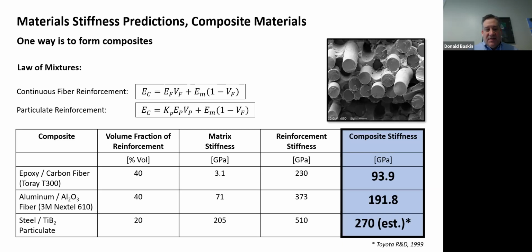You can look at a microstructure of a polymer matrix composite, look at the amount of fibers and the amount of matrix, and calculate a volume fraction. Knowing the stiffness of each of those two constituents, you can then calculate the stiffness for the entire composite. That is an example of using a predictive model to get from structure to properties, in this case, stiffness.